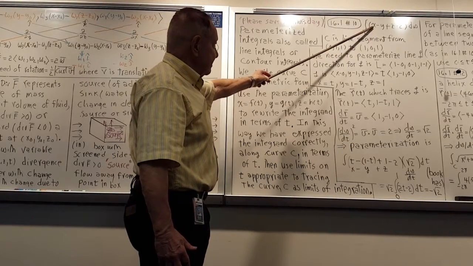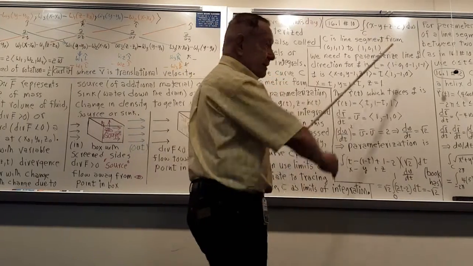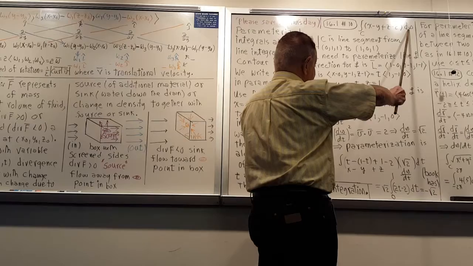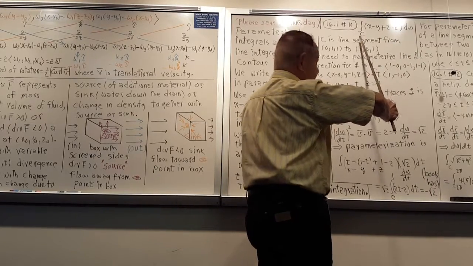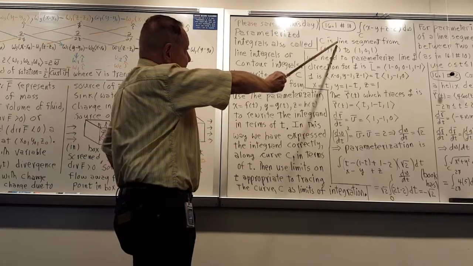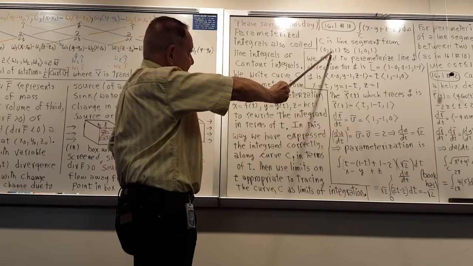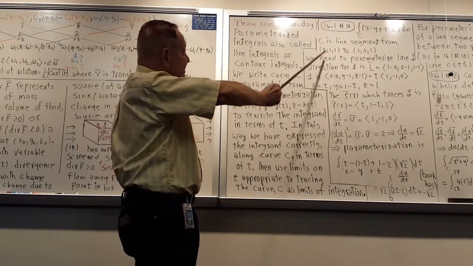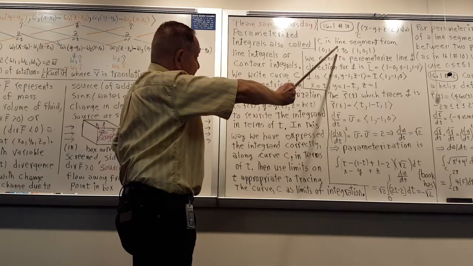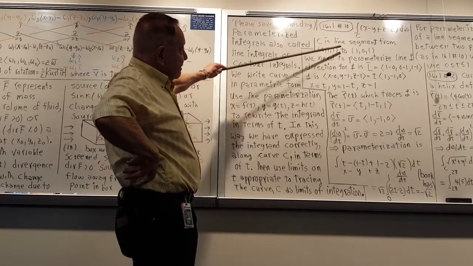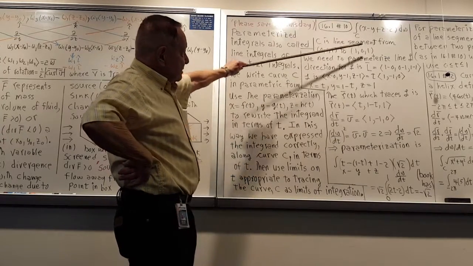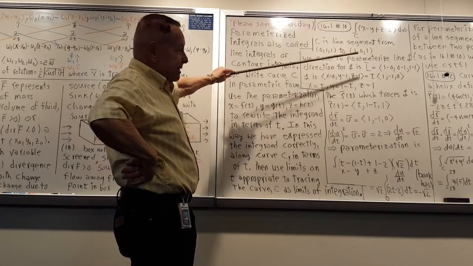So we want the integral of this function of x, y, z ds, where s would be the arc length along this line segment. So the first thing you have to do, if you're doing this by hand, is to parameterize your curve. So you want to write the line from here to there in parametric form.